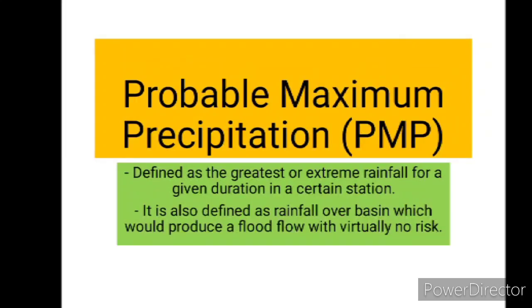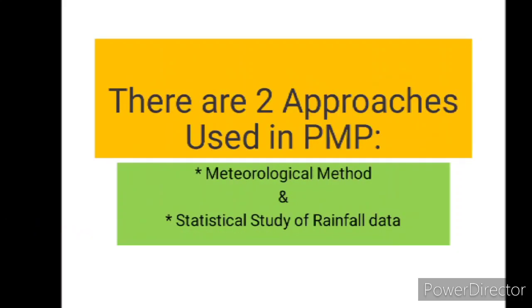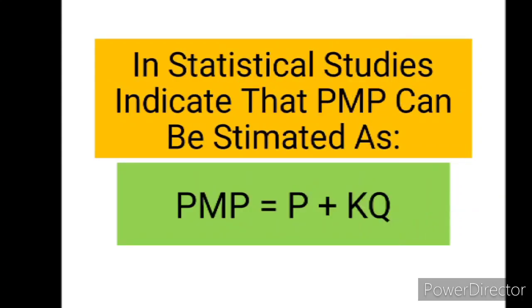Probable Maximum Precipitation, or PMP, is defined as the greatest or extreme rainfall for a given duration at a certain station. It is also defined as rainfall over a basin which would produce a flood flow with virtually no risk. There are two approaches used in PMP. First is the meteorological method, and second is the statistical study of rainfall data.